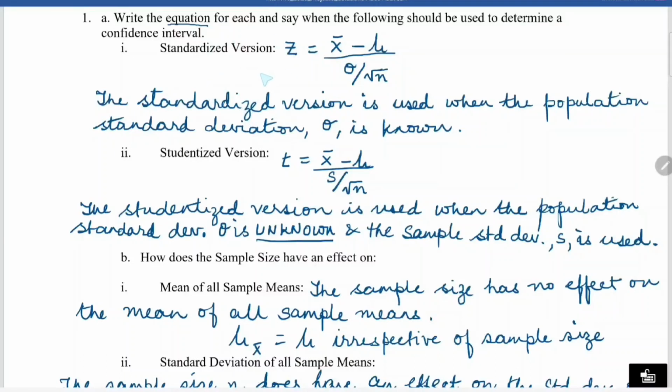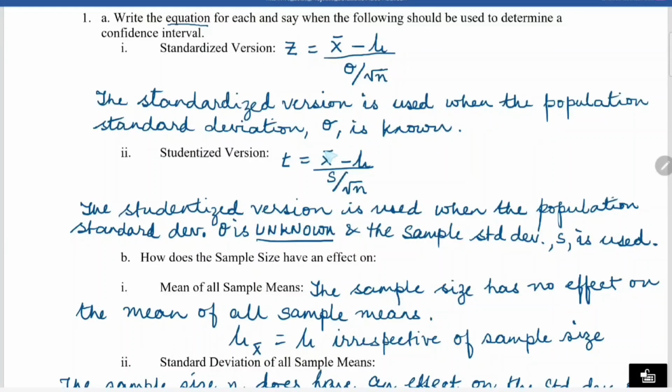Now, standardized version and the studentized version is what they're asking for. Now, Z equals X bar minus mu divided by sigma divided by square root of n is the formula for the standardized version. That means when we use the Z value, all right. When is it used?